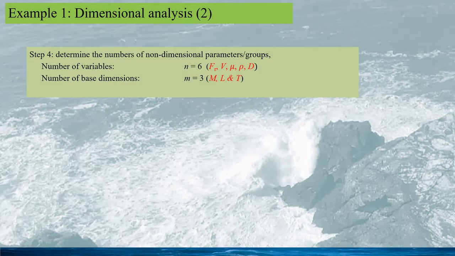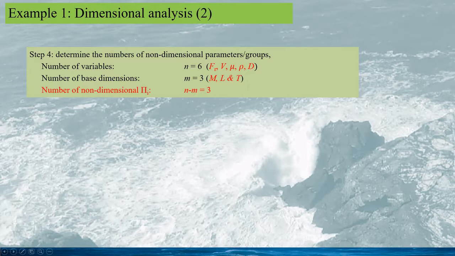In step 4, using the total number of variables n equaling 6, and the number of base units m equaling 3, we can decide the number of non-dimensional parameters, pi's, n minus m equals 3.